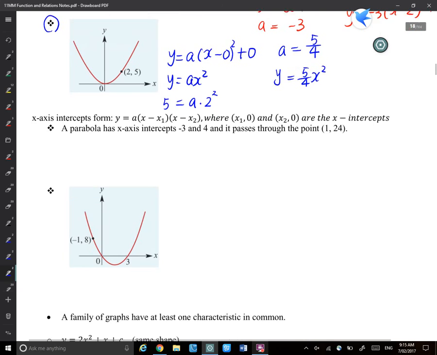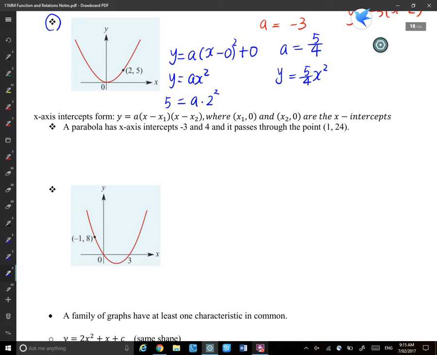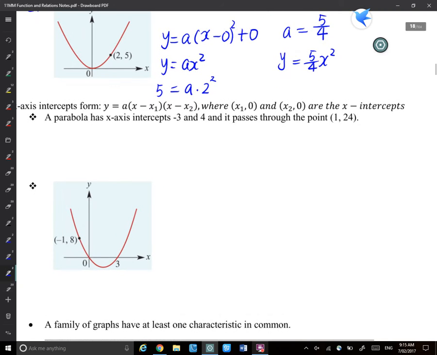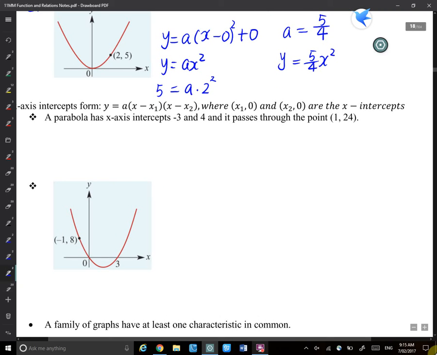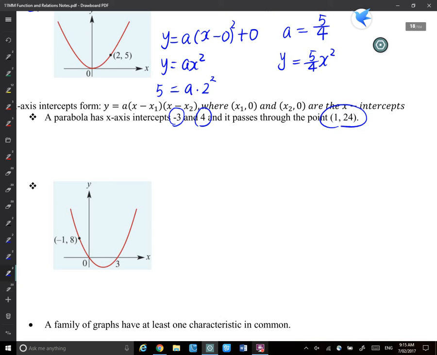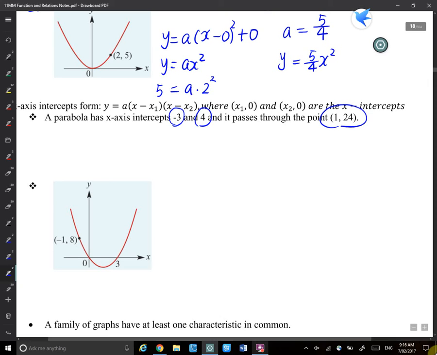Okay, next one. Intercepts form: y equals a times (x minus 1) times (x minus 2). Now I give you a problem that has x-intercepts at negative 3 and 4, and it also passes through the point (1, 24). We know 3 pieces of information and 2 of them are the intercepts, so that is really important.